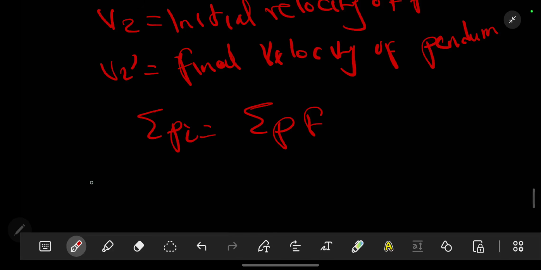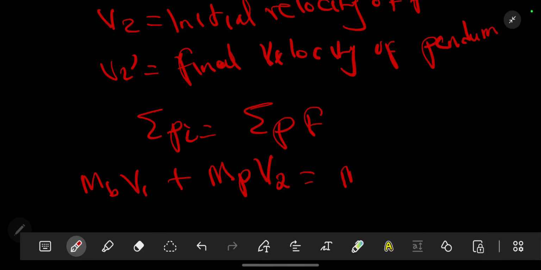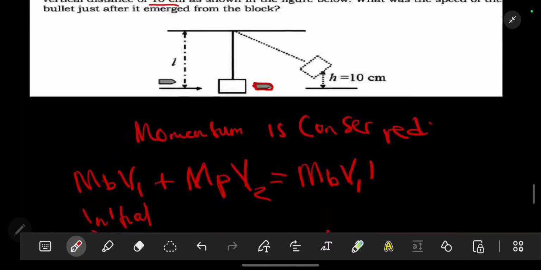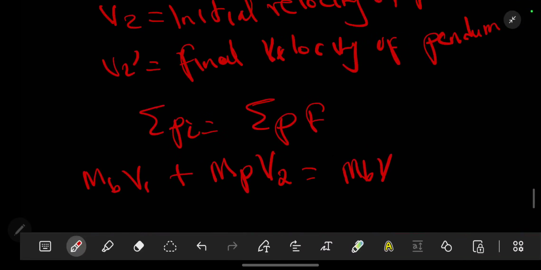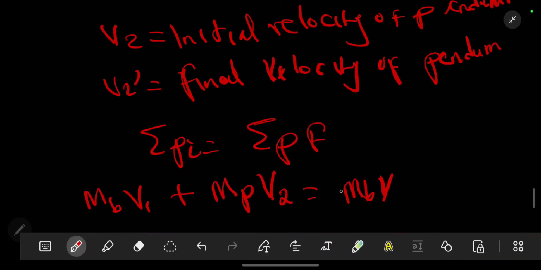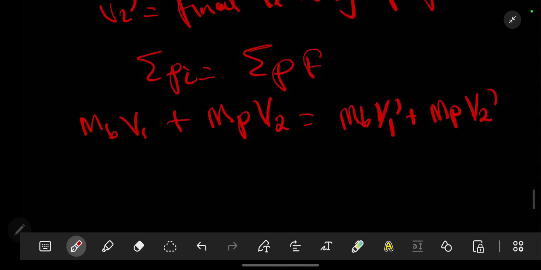So if we say m1, the mass of the bullet, times v1 plus the mass of the pendulum times v2 should be equal to the mass of the bullet times the velocity v1 cap plus the mass of the pendulum times the velocity of the pendulum v2 cap. The bullet went through, so it is not stuck.